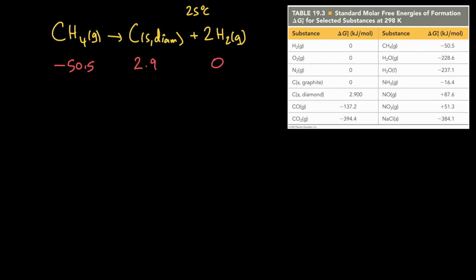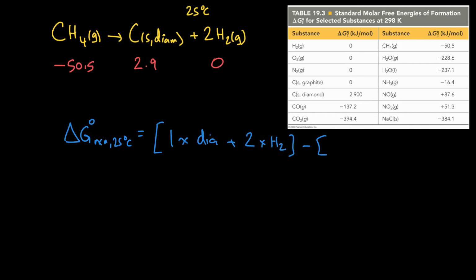So we do the calculation. So delta G of reaction at 25 degrees C, under standard conditions, is, let me see, 1 mole times the diamond plus 2 moles times the hydrogen value minus 1 mole times the methane. I'm just getting naughty here, writing the elements instead of the proper symbols, so I should really write this as 1 mole times delta G of formation of carbon in the form of diamond, right?